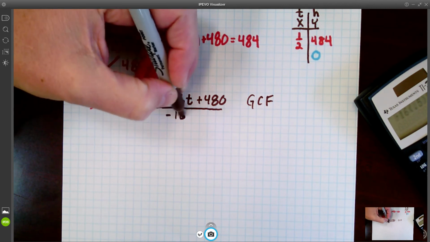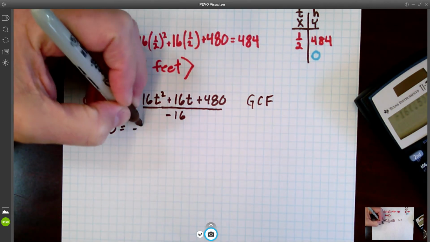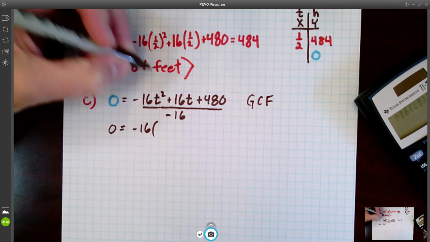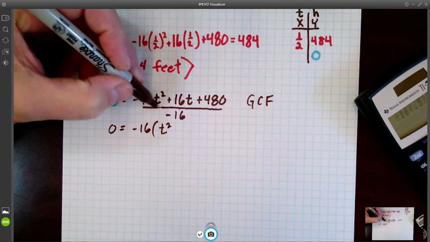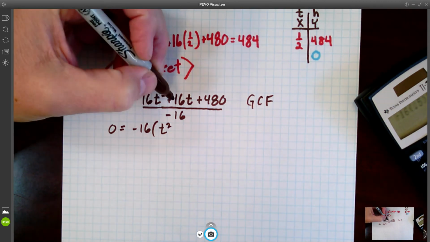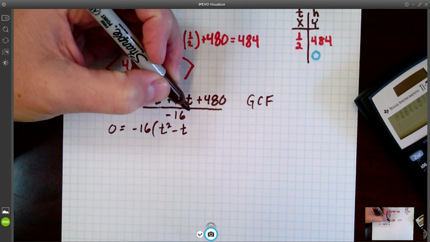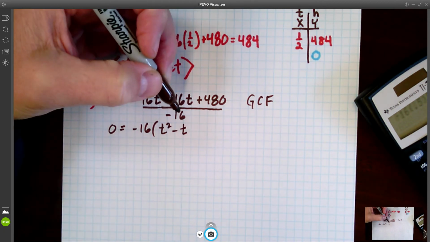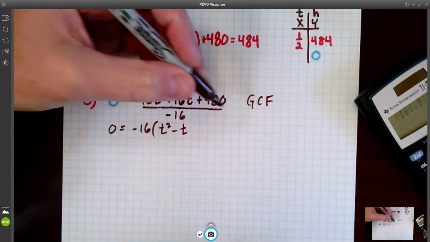If I factor out a negative 16, I get 0 equals negative 16 out in front. That becomes t squared, since I'm dividing the coefficients by 16. So that becomes positive t, that becomes negative 1t, and the last one becomes negative 30.